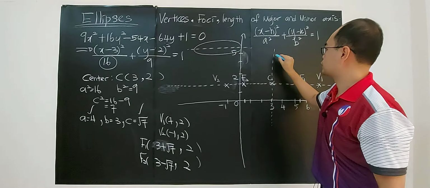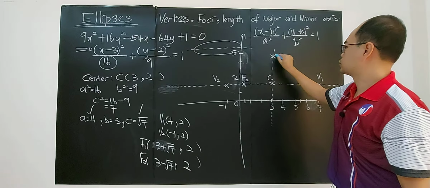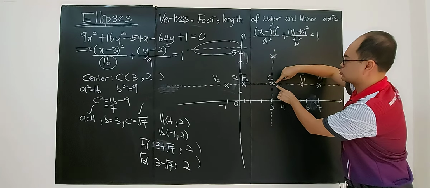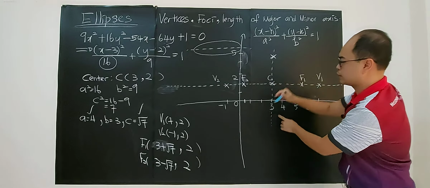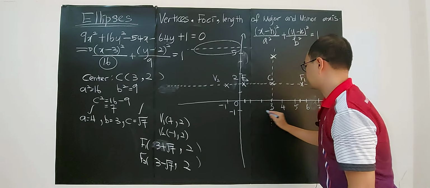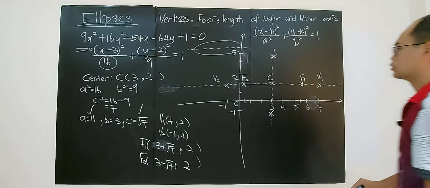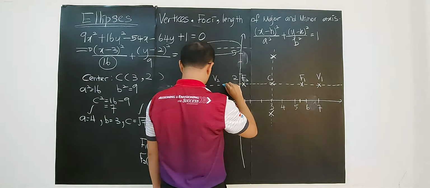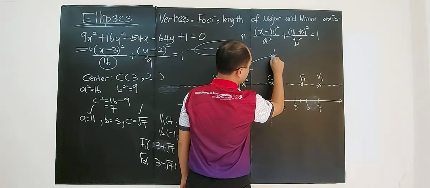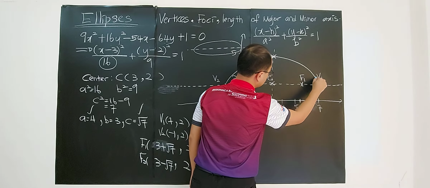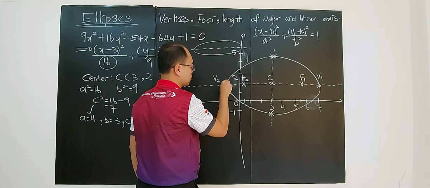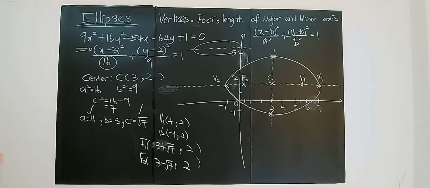The length is 3 from 2 up to 5. Going down 3, it will be -1, somewhere around here. So then we know where the ellipse is, and if you sketch it, the ellipse will be in this location. This will be your ellipse.